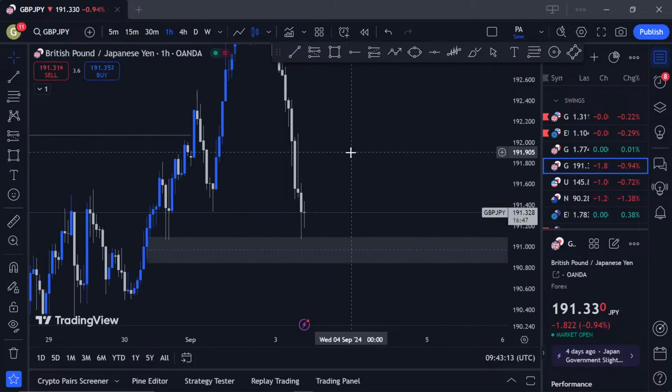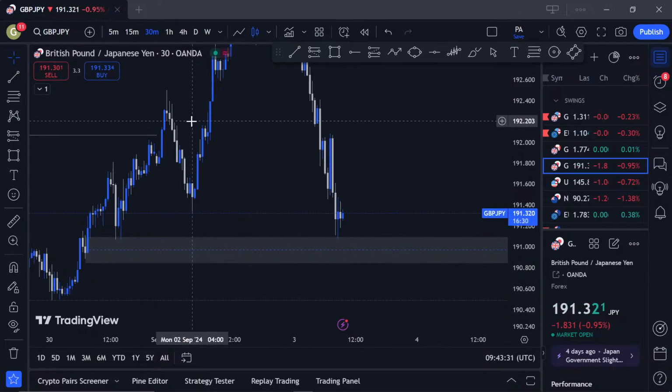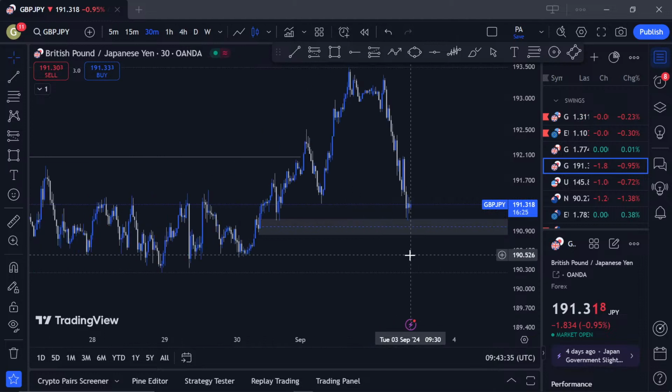It's more of the same trade that we are taking on USD JPY. Once this candle flips bullish and it closes on the 1 hour time frame, which is in the next 16 minutes, you can just take your buy from there immediately. Once it flips bullish, you take your buy. But if it doesn't flip bullish, you just have to let it go. So yeah, this is simply it.